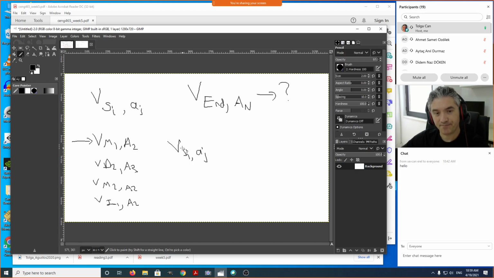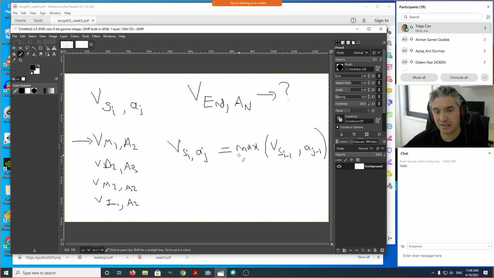The probability of the best path that ends at Si with the observed symbol Aj is basically the maximum over all previous states. I'm just going to name them Si minus 1, but here it indicates the previous state that can precede Si, and then V of Si minus 1 and Aj minus 1. So it's basically this. This is the entire Viterbi solution.